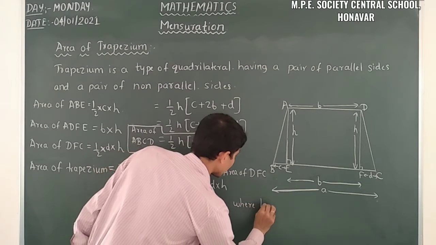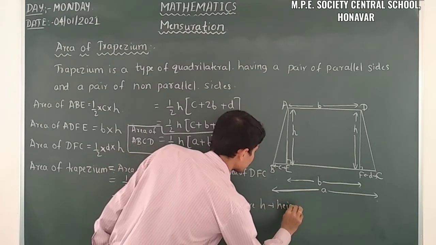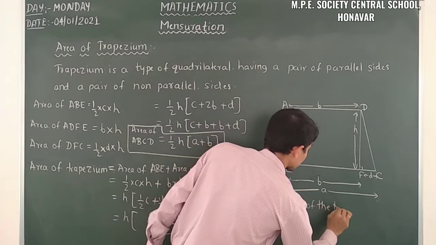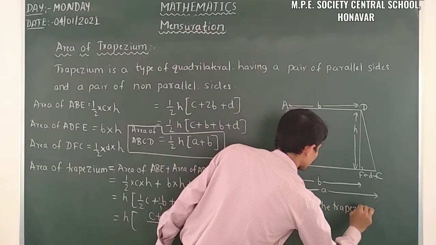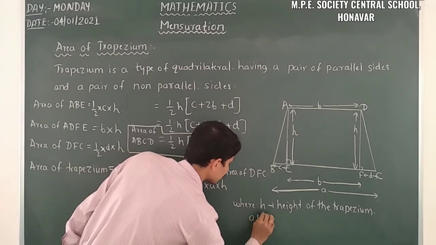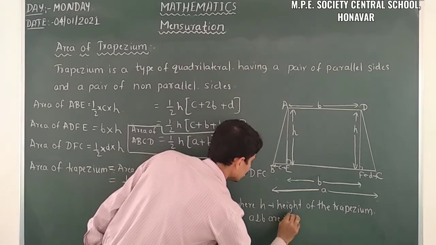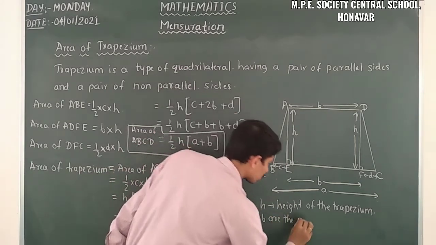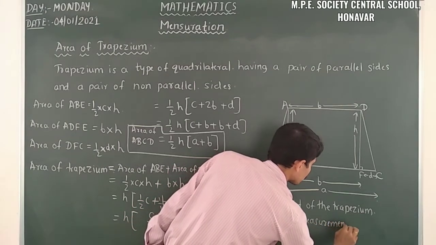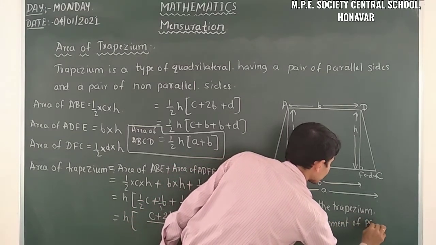Where H is the height of the trapezium, and A and B are the measurement of parallel sides.